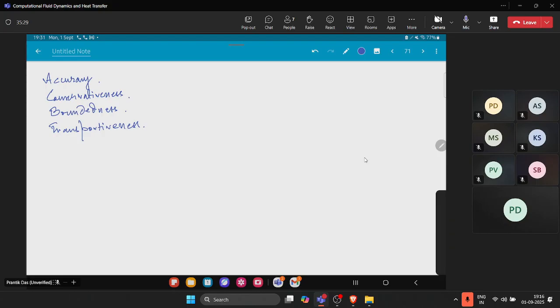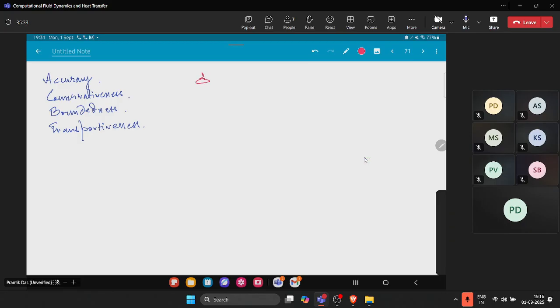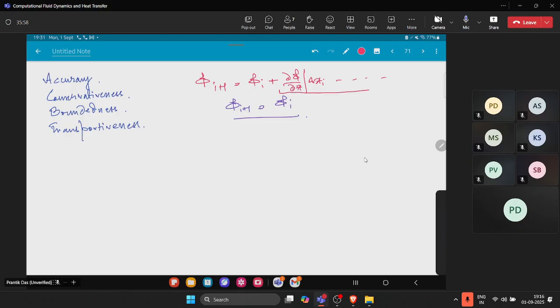Going to the accuracy itself, all of us know that when I'm using a Taylor series expansion, where phi of i plus 1 equals phi i plus d phi dx delta xi and so on. If I take phi i plus 1 equal to phi i, then I'm ignoring the terms beyond this term.